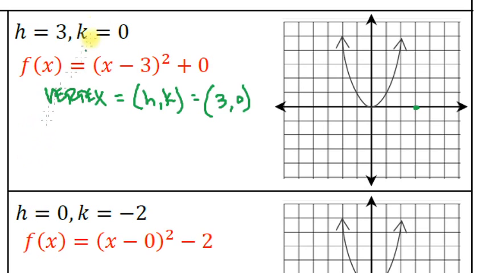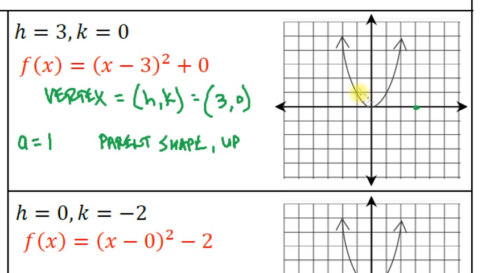Since our a value hasn't changed, our a value is still 1. That means we're still going to have the same shape as the parent graph. And because a is positive, we're still going to have an upward facing parabola. So for a equal to 1, it's going to be the parent shape. It doesn't change, and it's going to be facing up because it's positive.